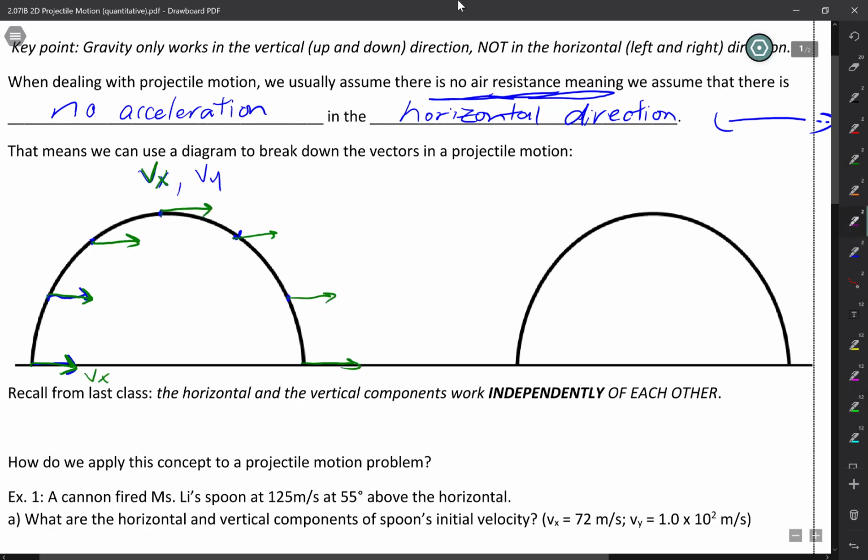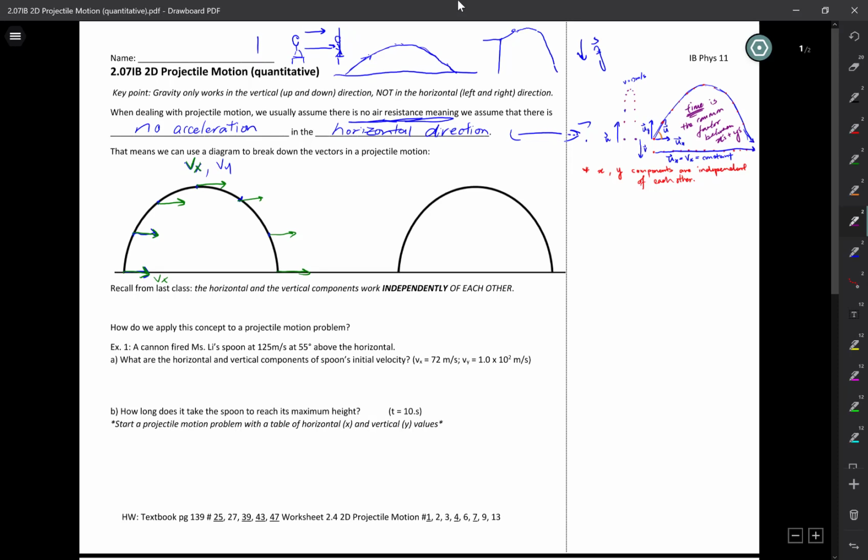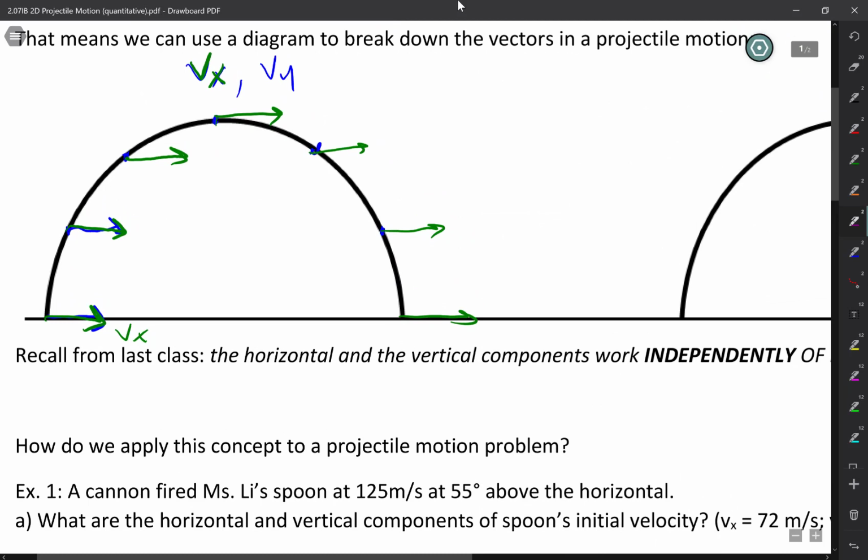And then the vertical velocity changes due to gravity. So notice that on our little drawing, our dots progressively became closer together or wider apart depending on the velocity. So in the beginning, it has some very large vertical component, and then that's going to decrease over time, becoming momentarily zero at the peak of the parabola.